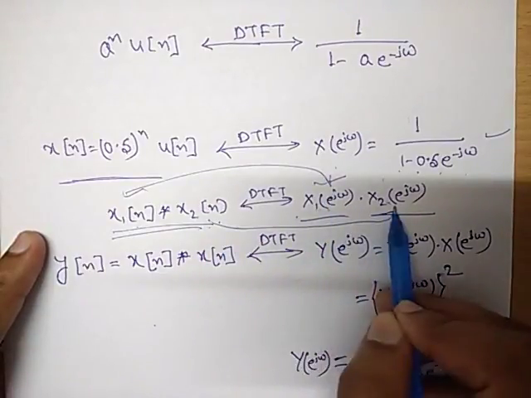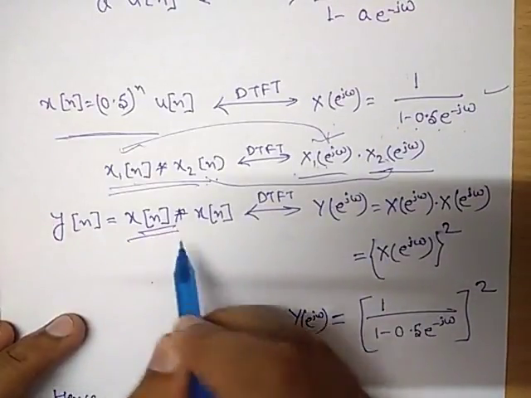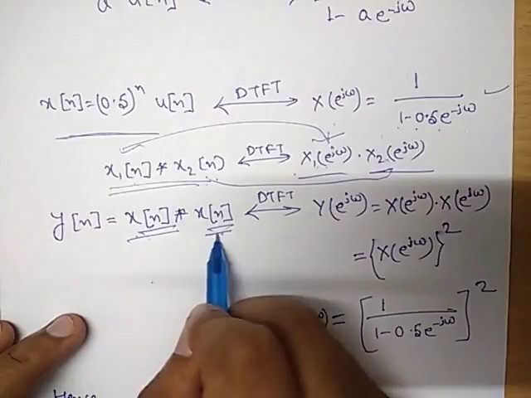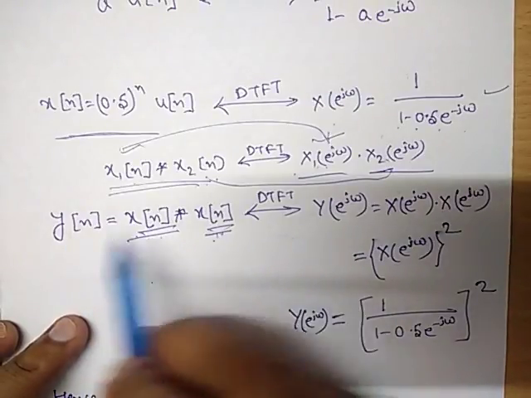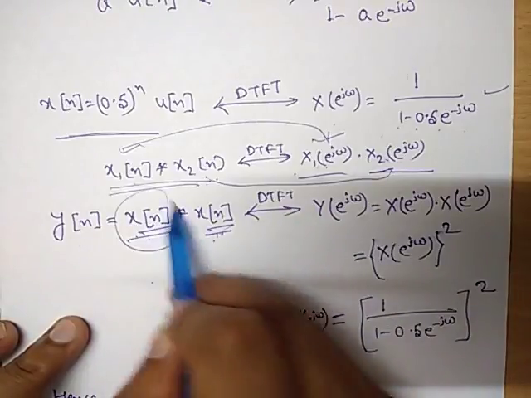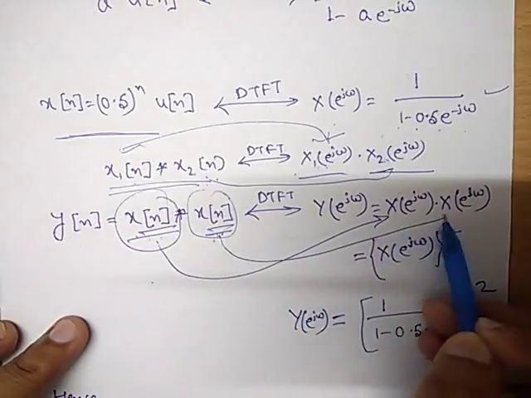For the given signal, as the same signal is convolved with itself, y[n] equals x[n] convolved with x[n], so its DTFT will be just the product of the DTFTs of these two signals.